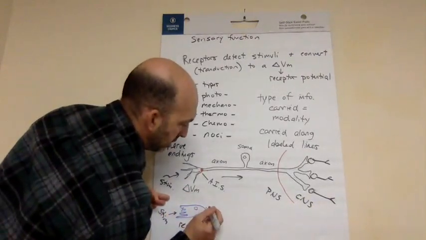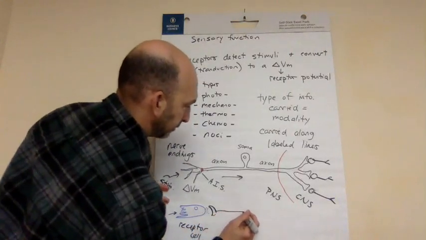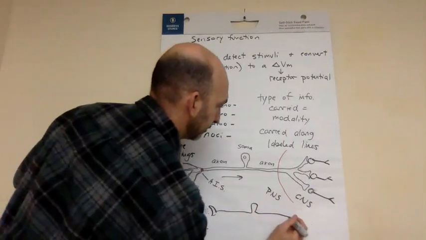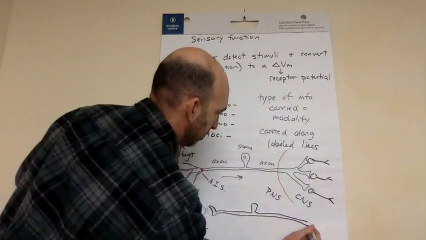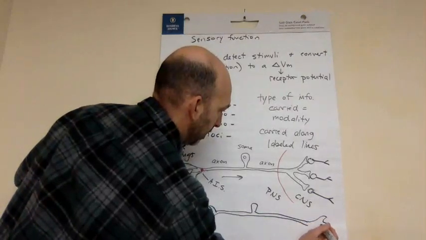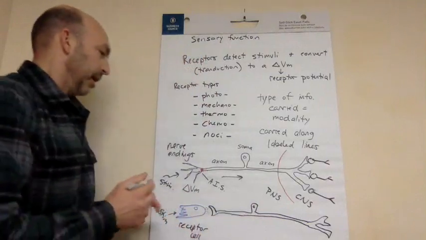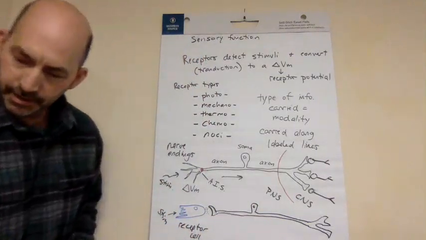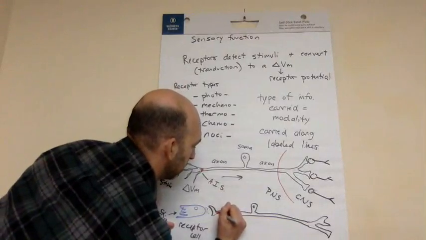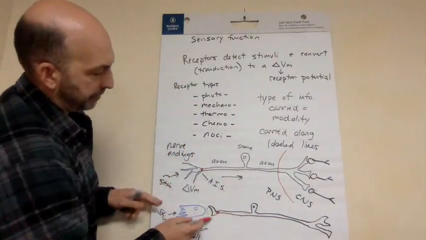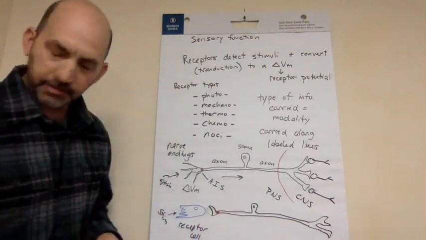onto our pseudo-unipolar neuron, which looks much like we had it look before. And now our axon initial segment is here. That's our modified receptor dendrite region there.